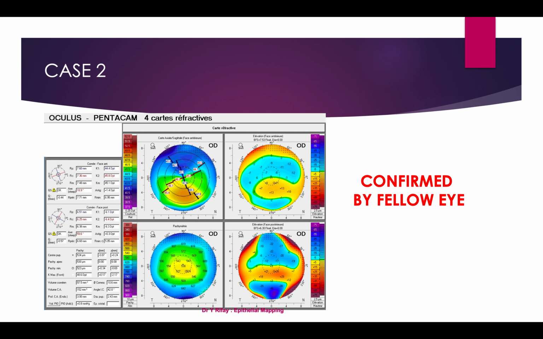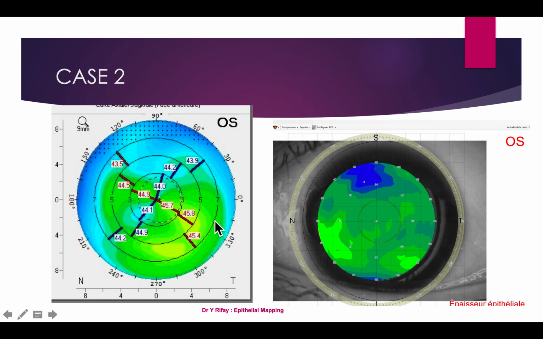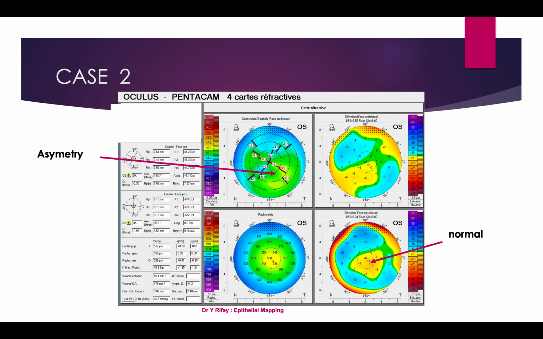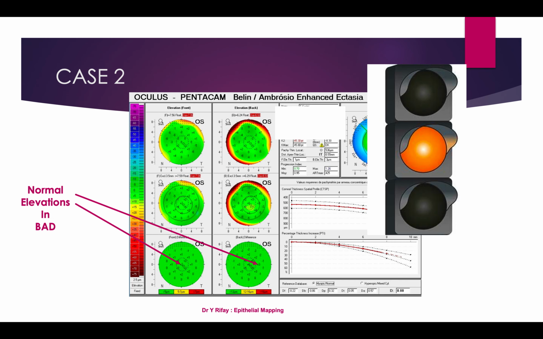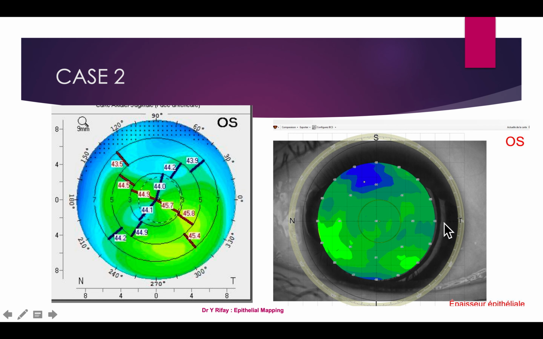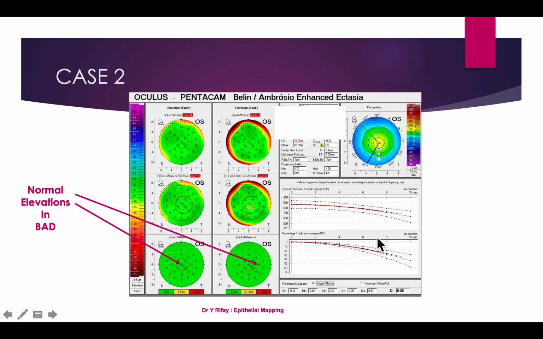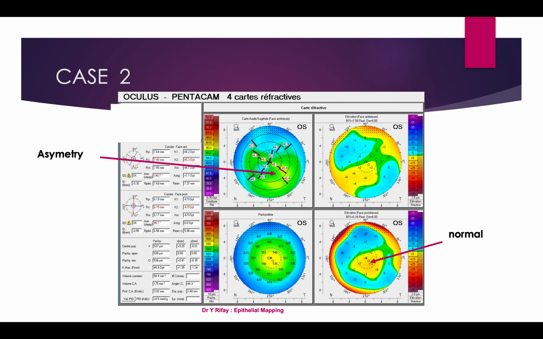So here you have a supposed unilateral keratoconus, but in this supposed normal eye, we have a real keratoconus confirmed by epithelial mapping with normal elevations.